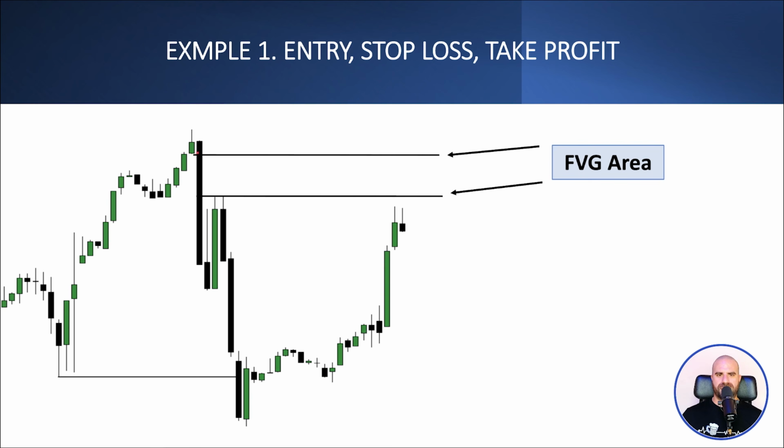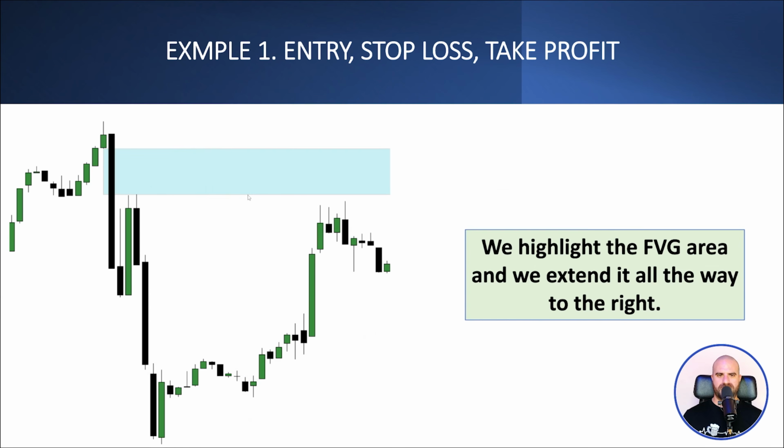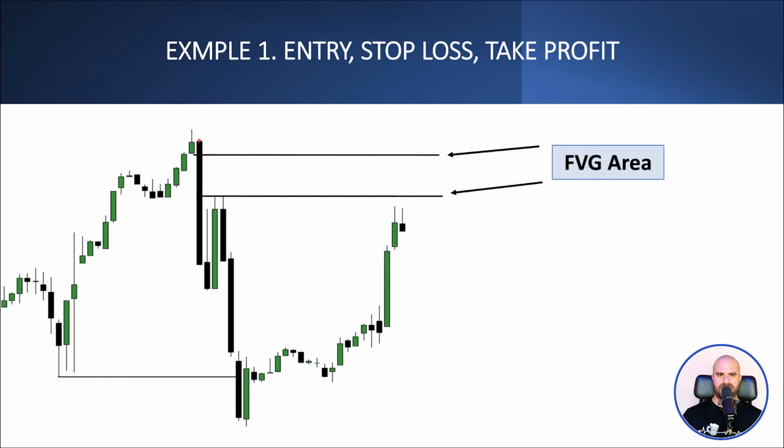So this is our fair value gap area. Again, for beginners, what is an FVG or otherwise a fair value gap? It is an area, a gap, let's say, that is being created from 3 candlesticks. So you need 3 candlesticks. I'm trying to simplify it every single time on all of my videos.